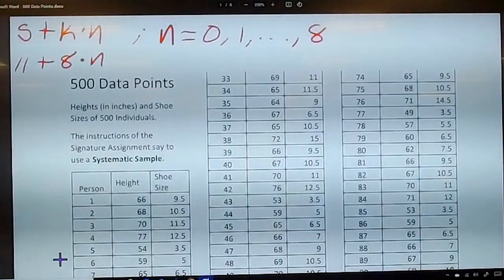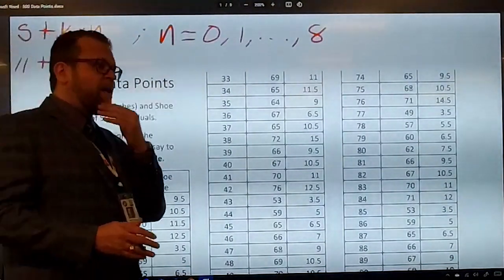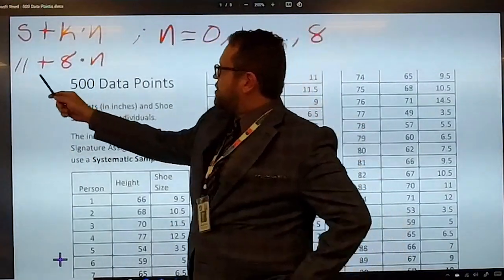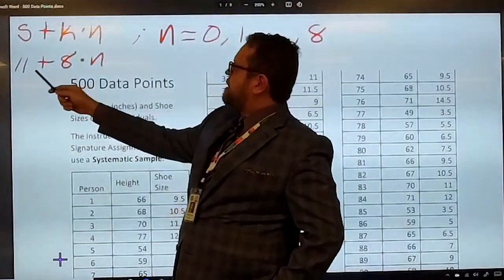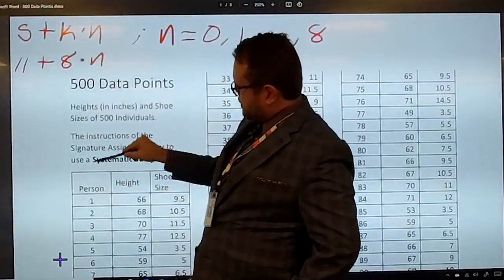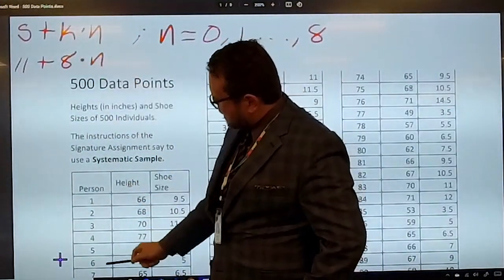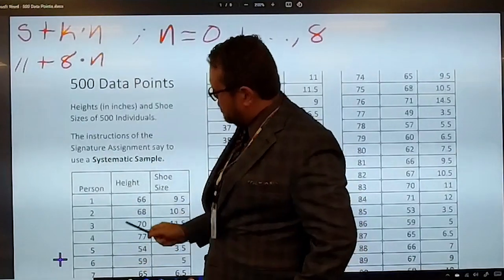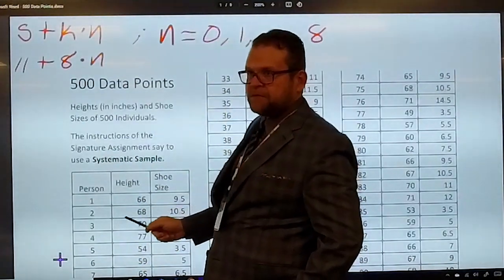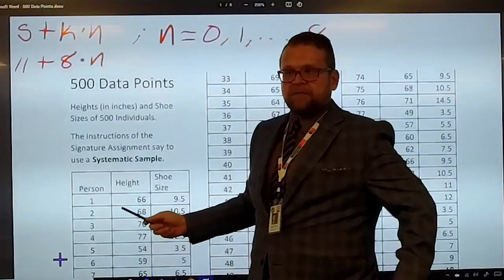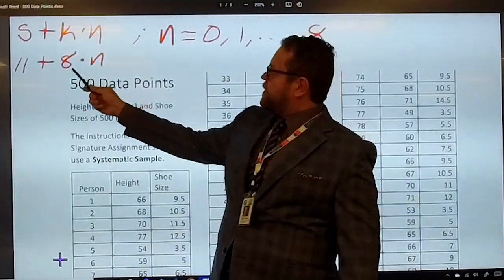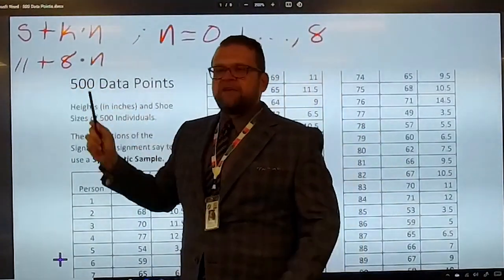They don't have to be numbers too big. And what this means is I'm going to start at number 11 and pick the one that's in spot 11. Person number 11 will be my first member of the sample, and then the next one would be number 19.